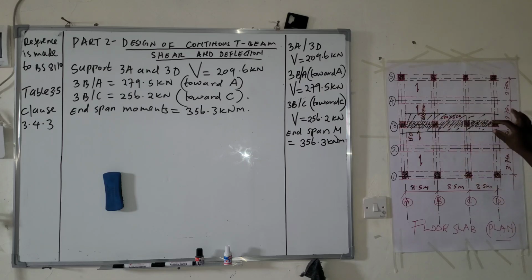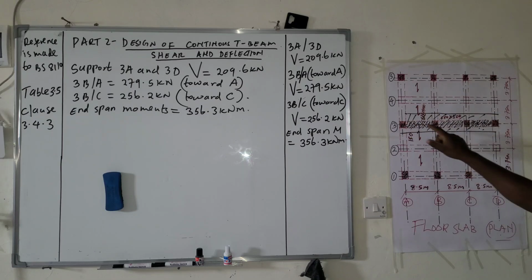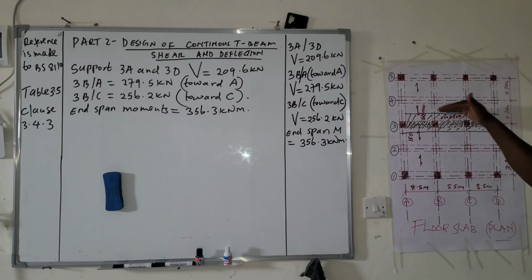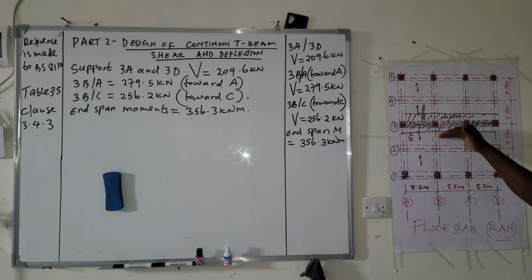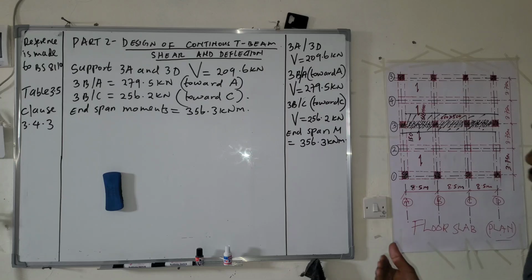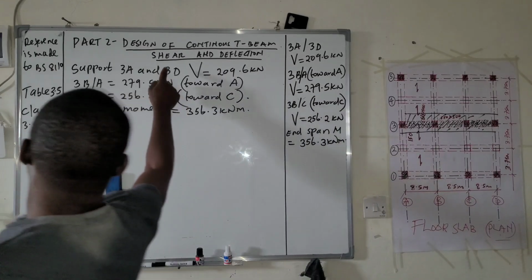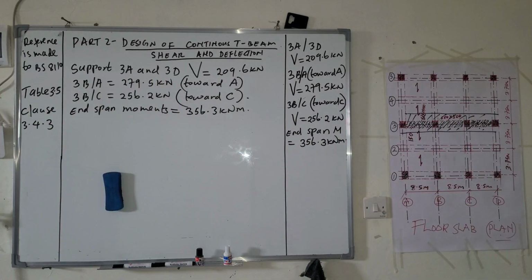So this was the beam. As you can see, it was a continuous beam supporting this side, half of this side, and a half of this side. So for today, I want to continue by solving shear and deflection.